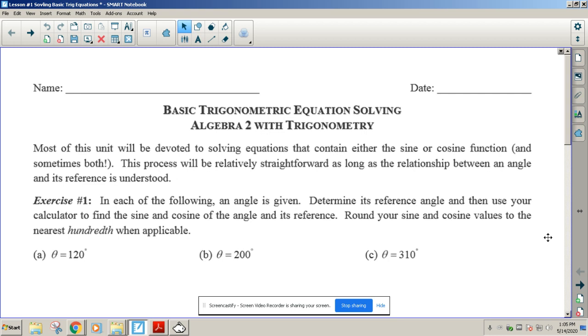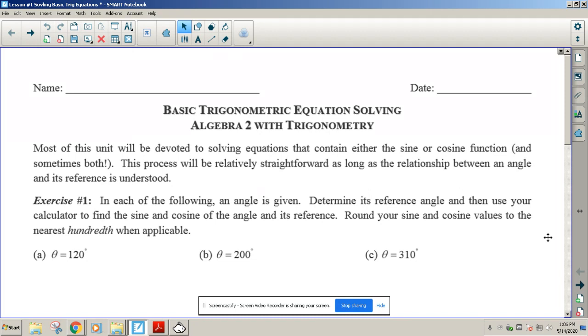Hello, everybody. Today we're beginning our chapter 12, and we're going to be solving some simple, basic trigonometric equations. And we did a little of this in lesson 7 when we had the calculator usage. So you're going to need to be able to use your calculator.